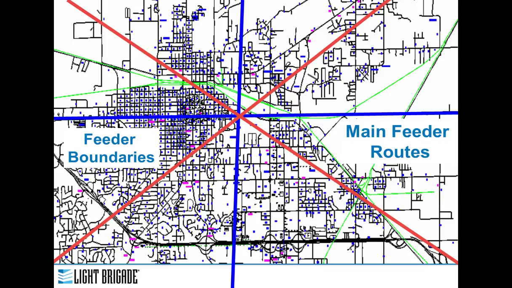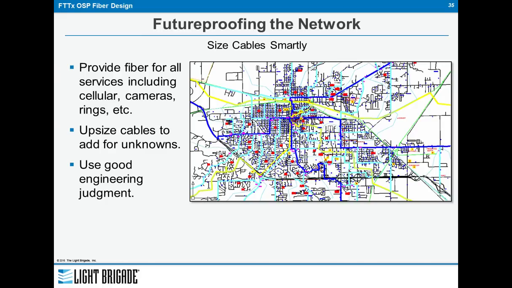We have to keep that in mind in the physical world because those present their own set of challenges. The red line is how we are going to determine the boundaries that our main cables feed. And then we end up with a topology that we massage to fit the real world.